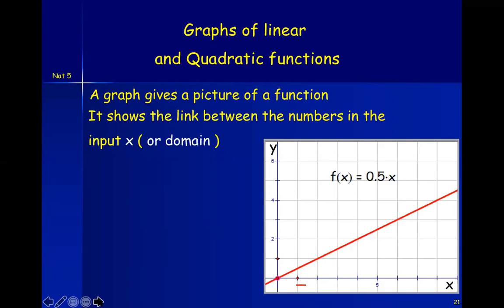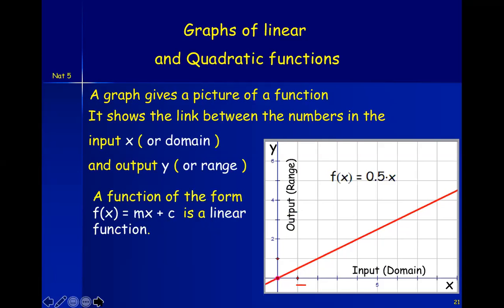It shows the links between the numbers in the input, which is what they call the domain, and the output. That's what they usually call the range. So whenever you hear that term, domain is the values of x, and the output is the range. So think about the function, input x, output y. A function of the form mx plus c is a linear function.